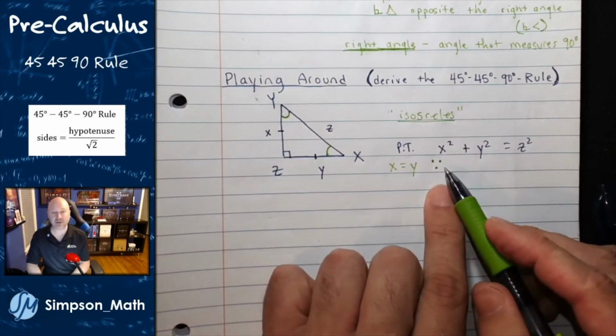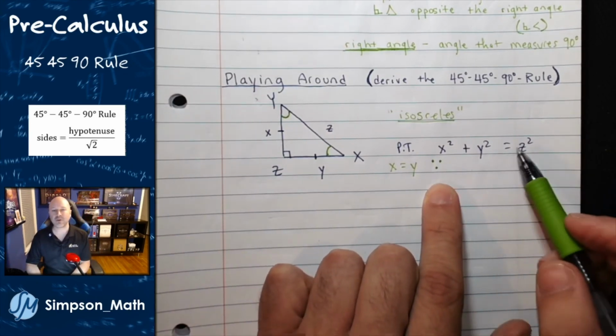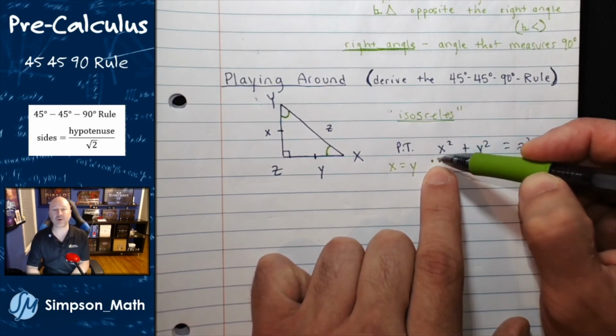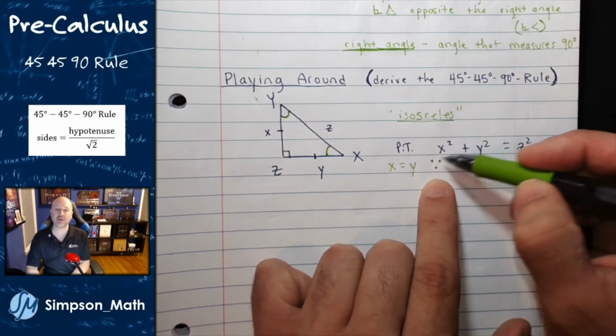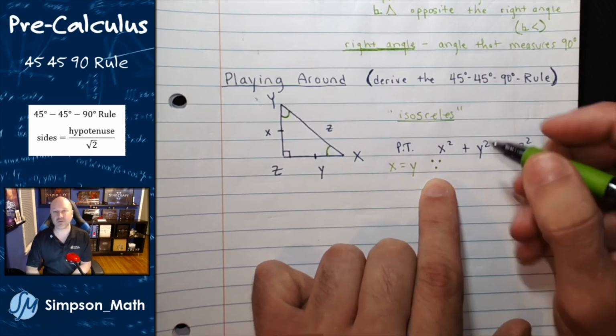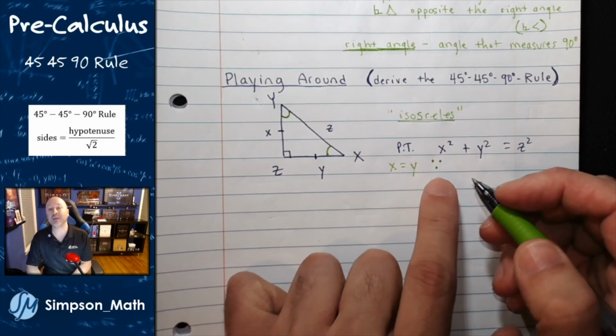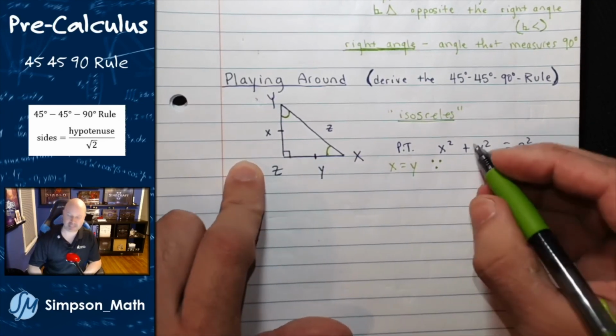This symbol here with the three dots may look familiar to you. If it was one dot and then two dots down below, we call that therefore. We read this one because. So I'm just saying x is equal to y because this triangle is isosceles.